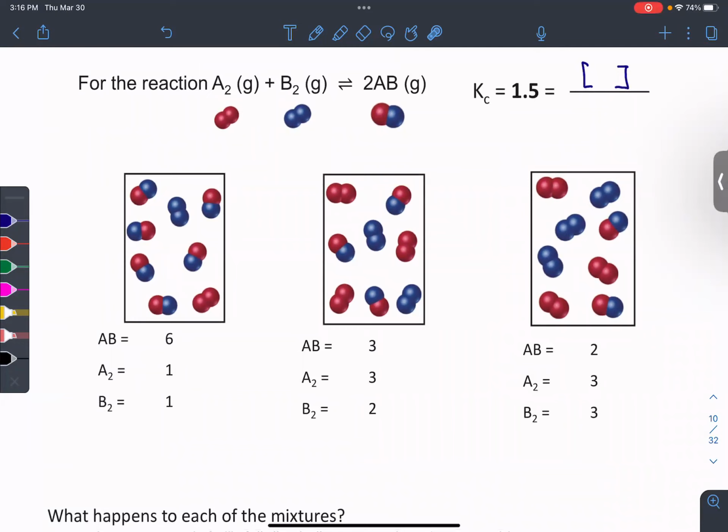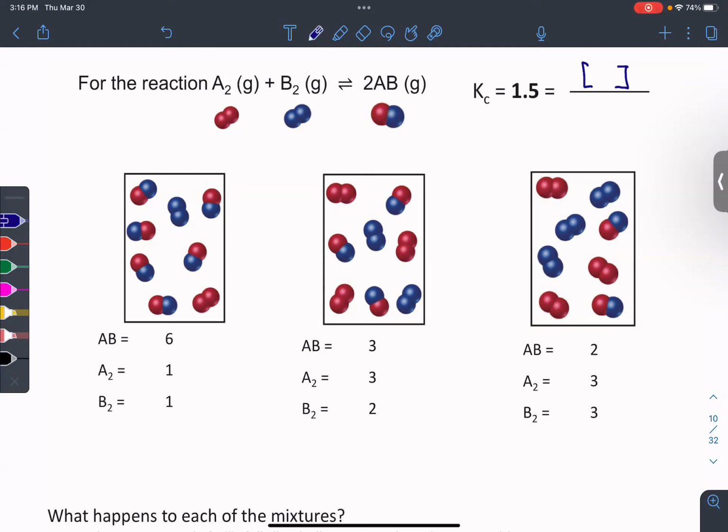All right, so A2 plus B2 gives us 2AB. If I tell you that K is 1.5, let's look at these pictures and see what's going to happen. Let's remind ourselves how to make a K expression.